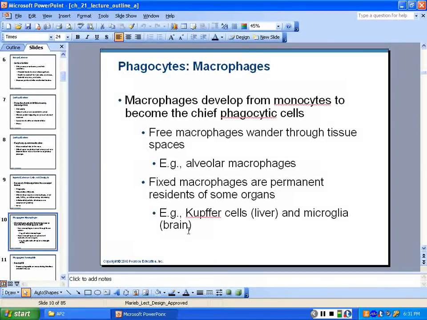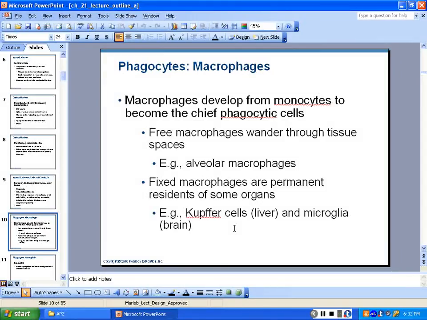Now you can see from the slide that there are macrophages that live in different places of the body. Some of them spend their entire life in a certain organ, so they call them fixed macrophages. And I want you to know these two examples right here. In A&P 1, you should have mentioned microglia. Does that ring a bell for anybody at all?